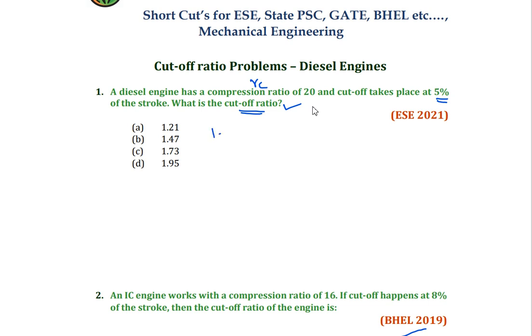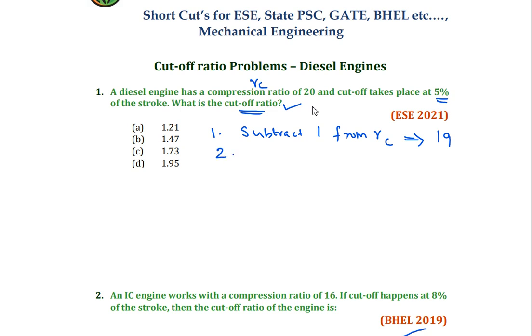In step 1, subtract 1 from the compression ratio. For this problem it will be 19, since we have a compression ratio of 20 and once you subtract 1, you get 19.